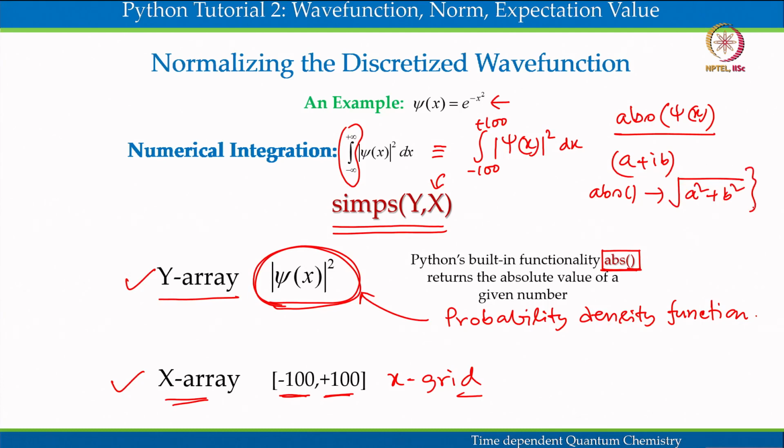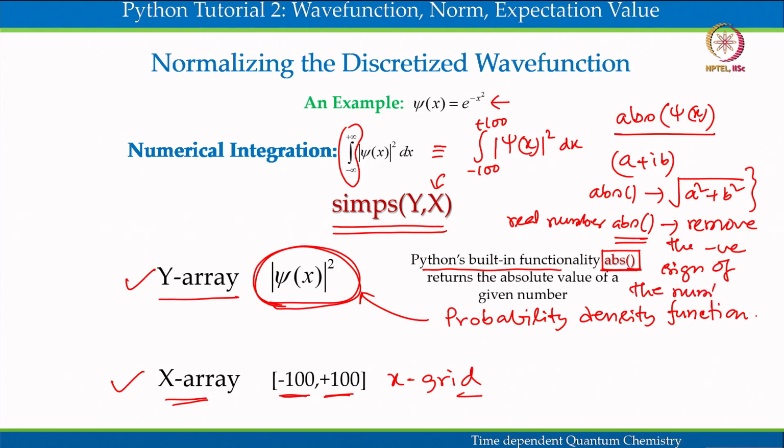And if the number is a real number, the abs functionality, which is present in Python's built-in library and does not need to be imported from another module, will remove the negative sign of the number, and that is the way it will return.